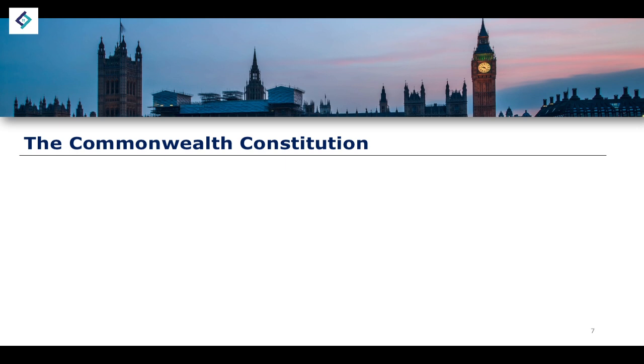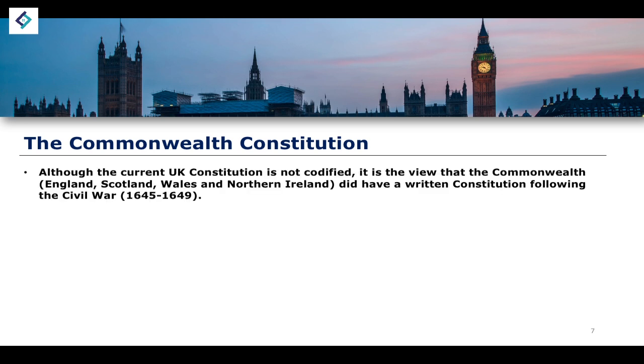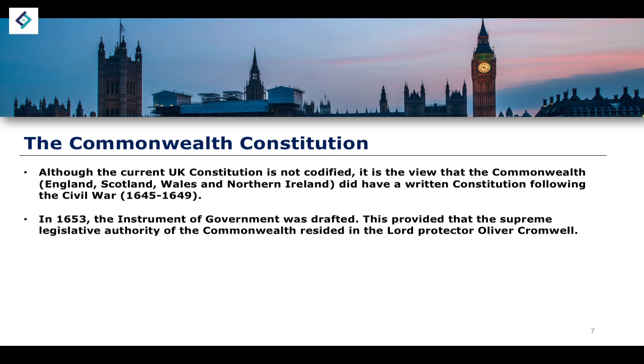We have had a situation where, in history, there have been codified constitutions that have existed in the past. Although the current UK constitution is not codified, it is the view that the Commonwealth, that of England, Scotland, Wales and Northern Ireland, did have a written constitution towards the end of the First English Civil War, between the years of 1645 and 1649.